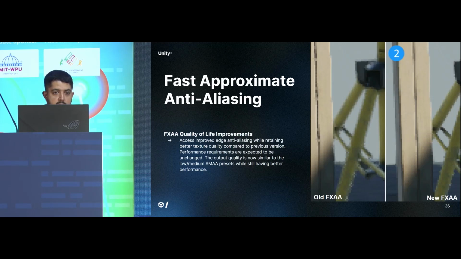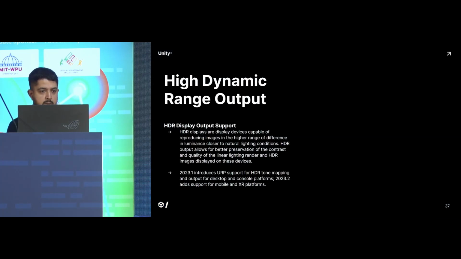We also have fast approximate anti-aliasing, or FXAA, that is now improved in the latest version of URP. And it's a cheap trade-off from TAA when you want quick anti-aliasing on something like a lower-end device. It should now provide quality similar to the subpixel morphological SMAA anti-aliasing preset while still having better performance.